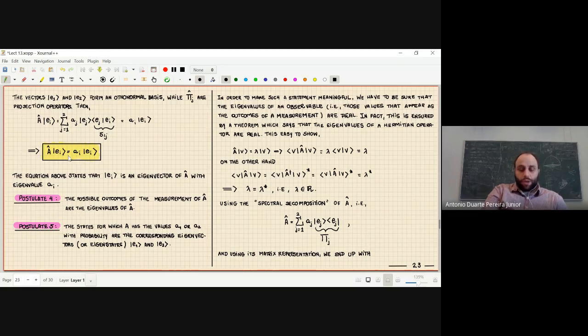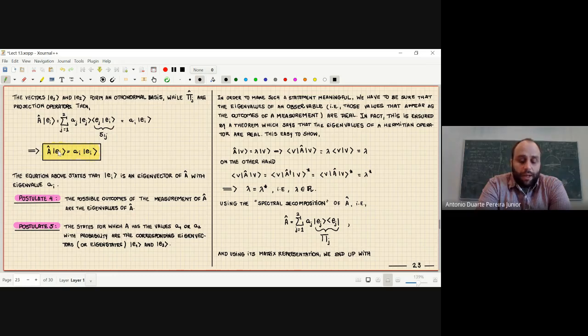Okay? So what this equation is showing is that the operator, which is the observable, is represented by a Hermitian operator, A hat. The vectors that have well-defined measurements, namely, if the system is in the state e_i, I have 100% confidence that the outcome will be a_i.